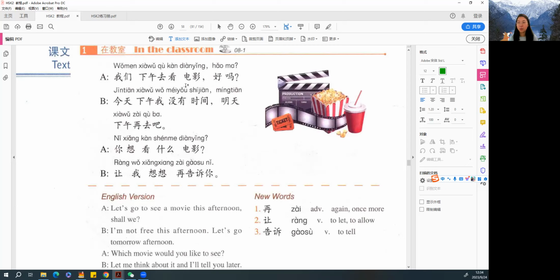So, what is this conversation talking about? It's about watching a movie. Very good. 电影. And it asks, 我们下午去看电影. 下午 is this afternoon, right? Afternoon to go to watch a movie. 好吗? You can propose a suggestion at the beginning with a statement sentence.